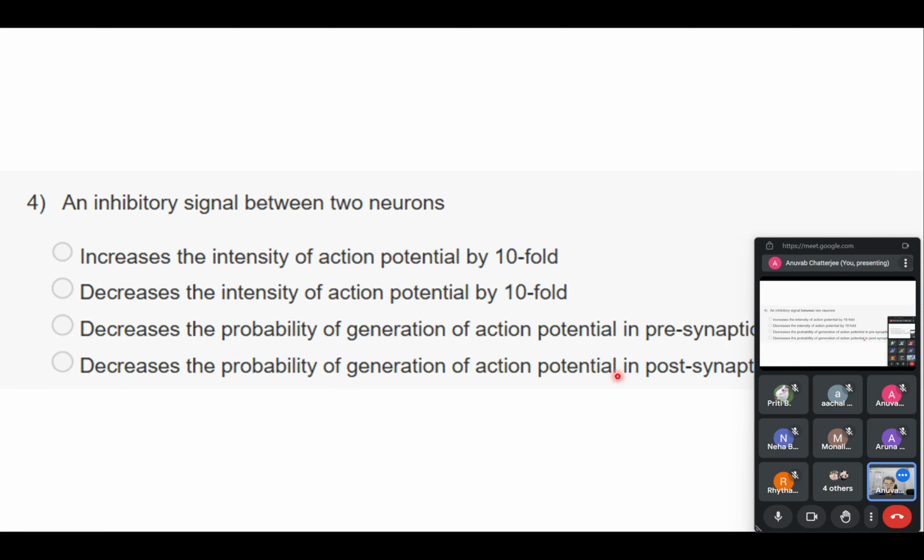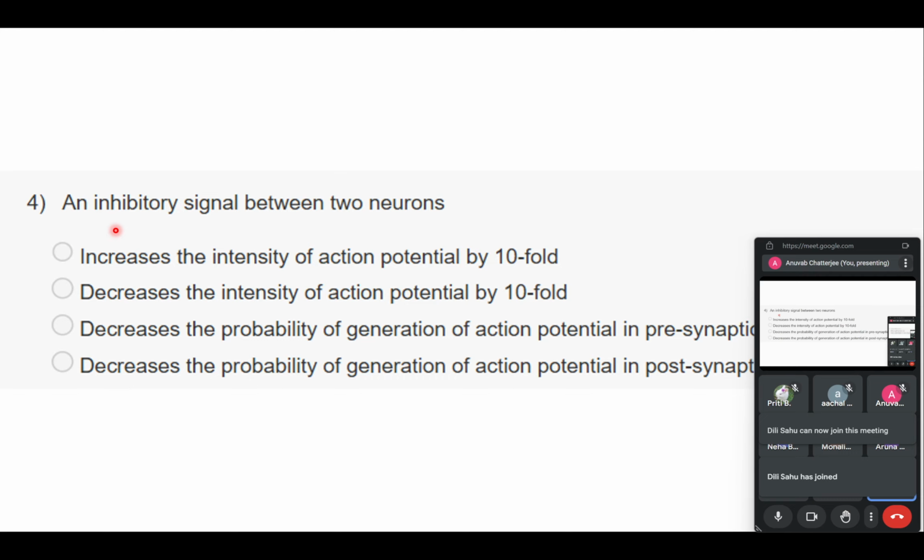Okay, moving on. An inhibitory signal between two neurons: increases the intensity of action potential by tenfold, decreases the intensity of action potential by tenfold, decreases the probability of generation of action potential in the presynaptic neuron, or decreases the probability of generation of action potential in the postsynaptic neuron. Keep in mind, this time we are thinking of an inhibitory signal.